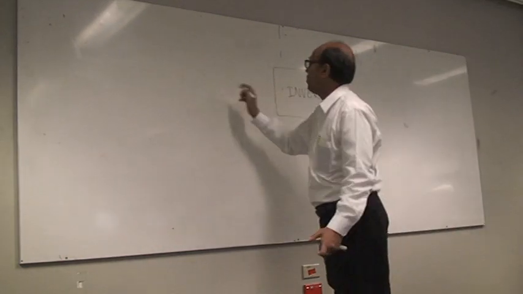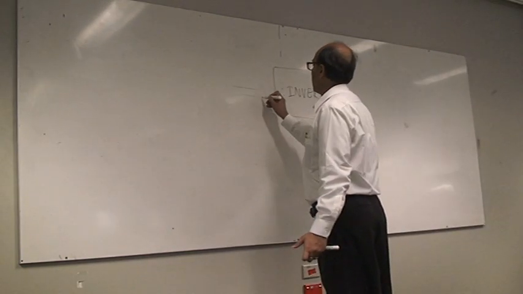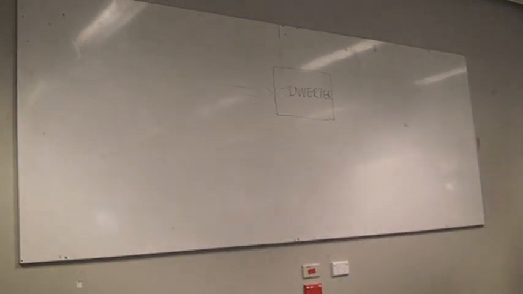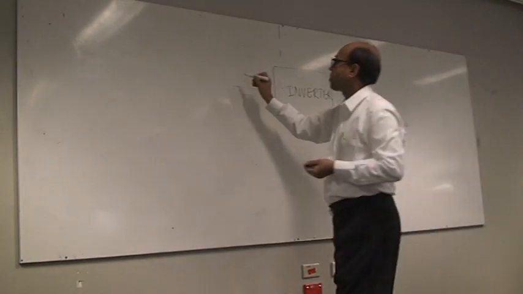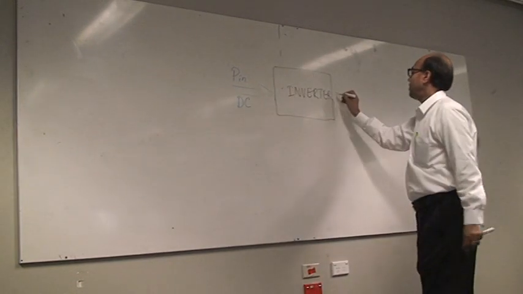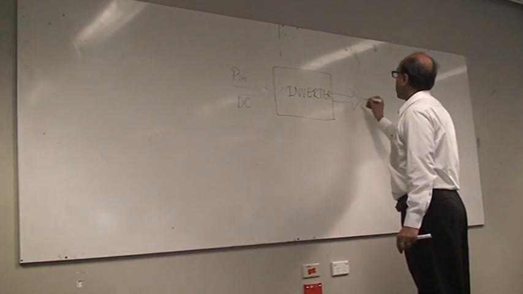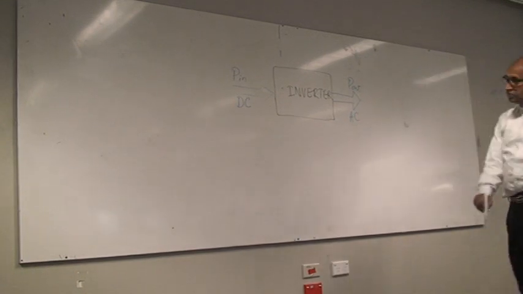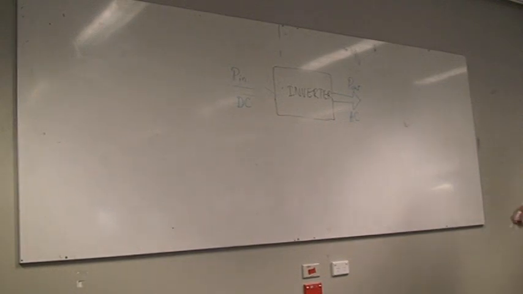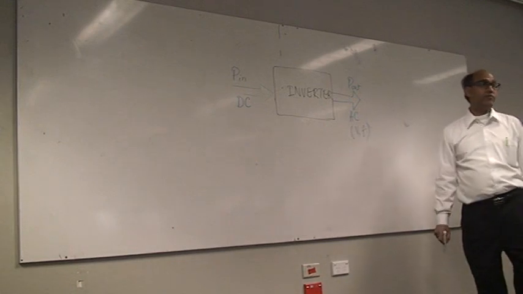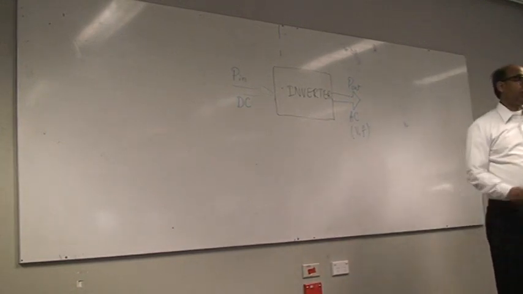It takes power in one form which is direct current, and it gives you the output power, which is in the form of alternating current. So alternating current, of course, you can say the voltage as well as frequency, both can vary.